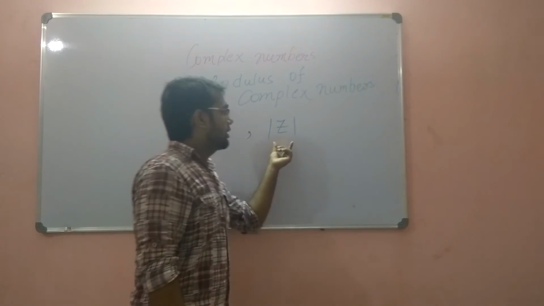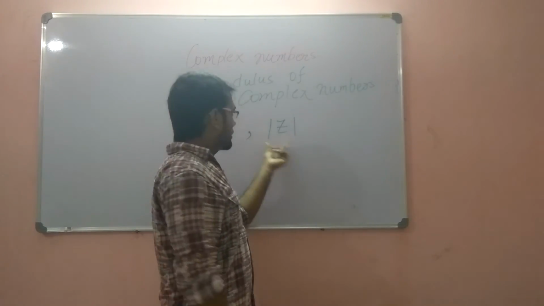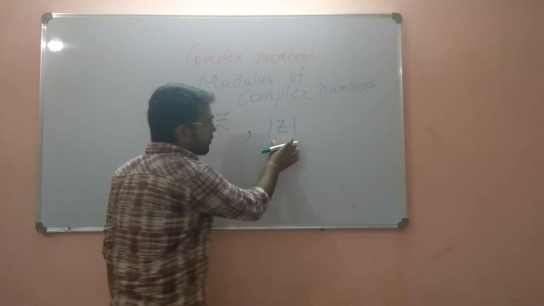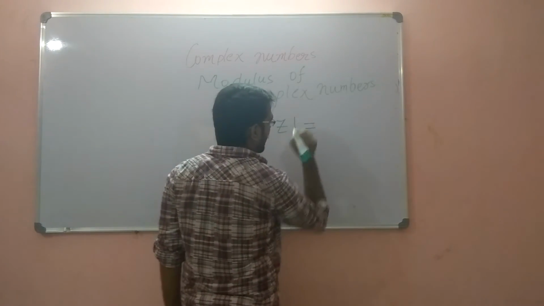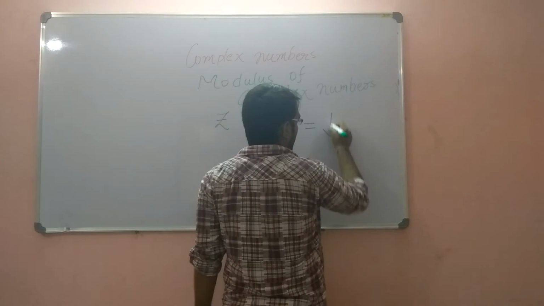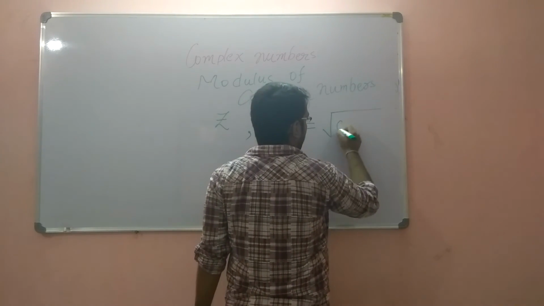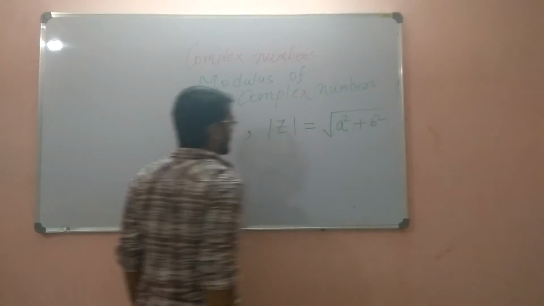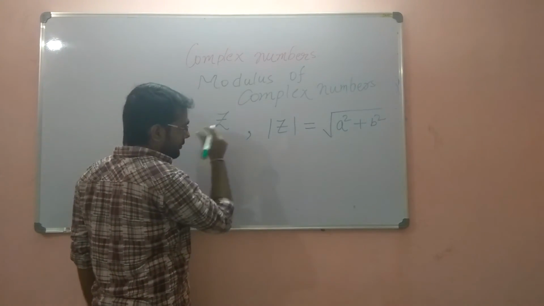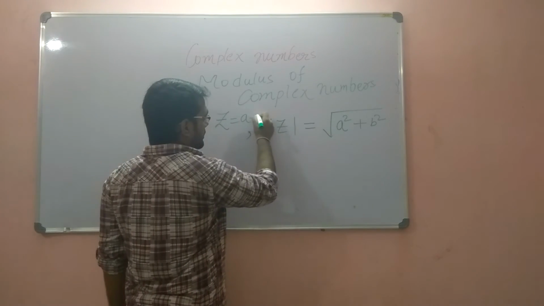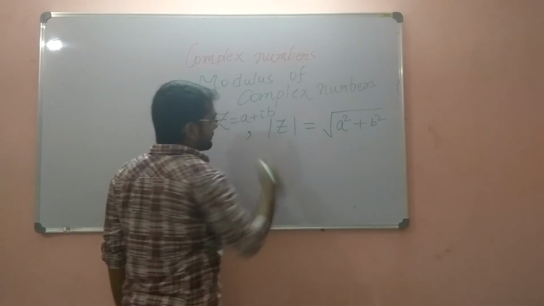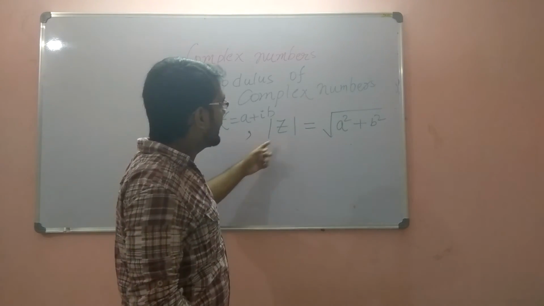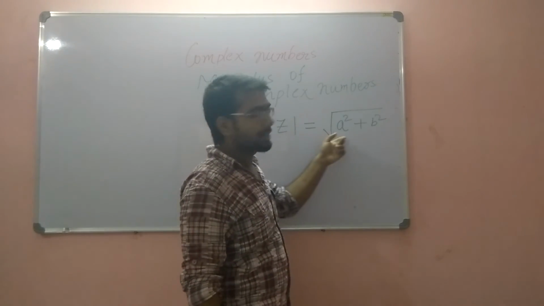Now, as given, this mod z stands for the square root of a square plus b square. Here our complex number is of the form a plus ib, so we can write the modulus of a complex number as this.